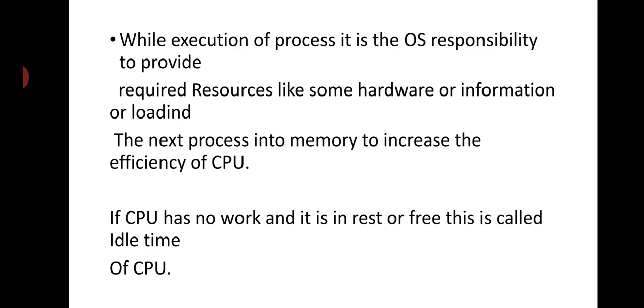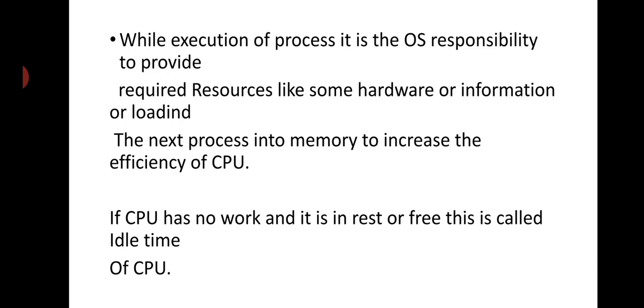Now while execution of a process, it is the OS responsibility to provide required resources, like some hardware or information, loading into the main memory the next process to increase the efficiency of CPU.